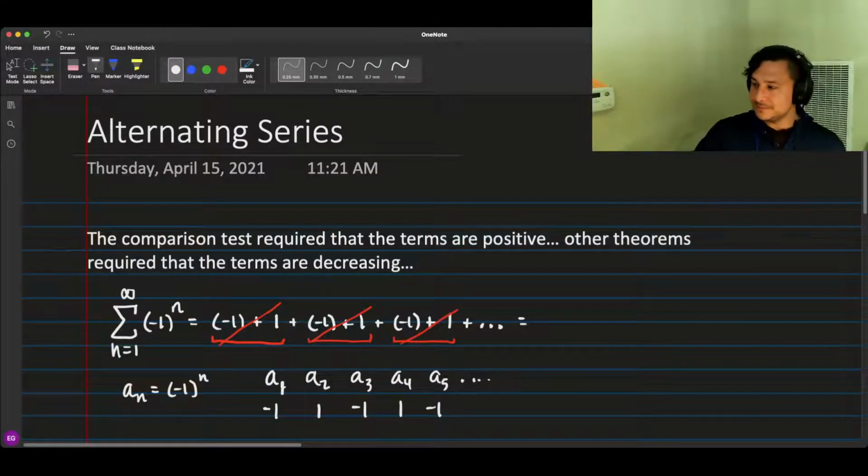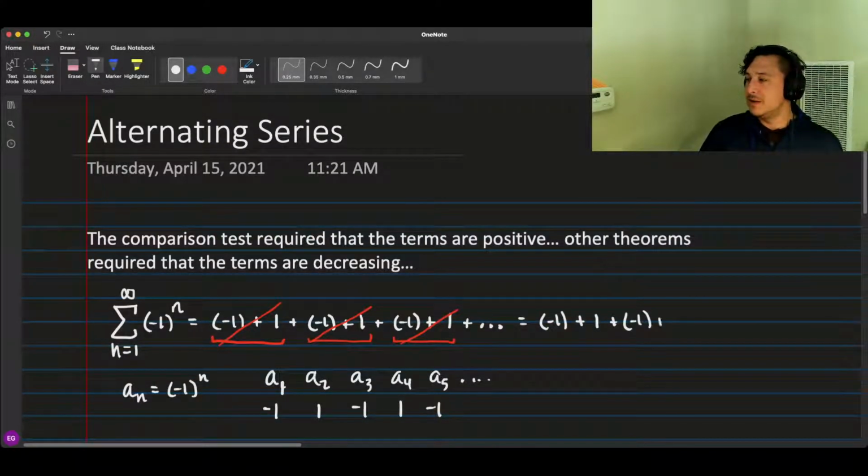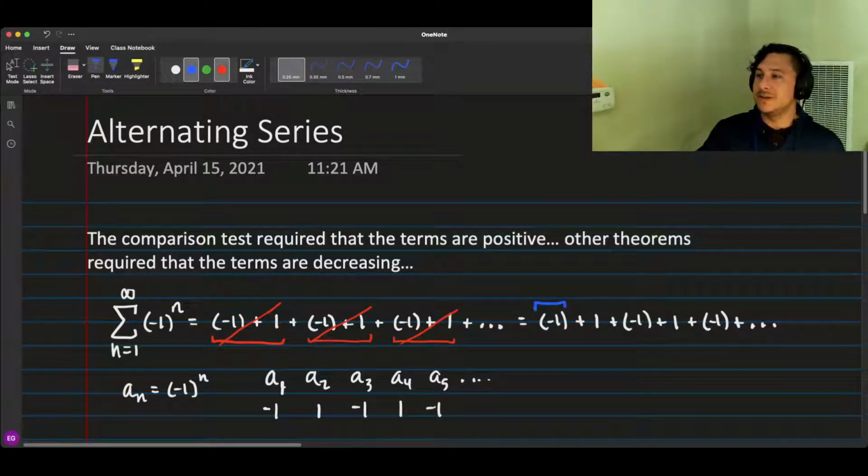Let's forget that first negative 1, and then write 1, and then write -1, plus 1, plus -1, forever and ever. I'm not going to touch this one. Now what will happen with these two?